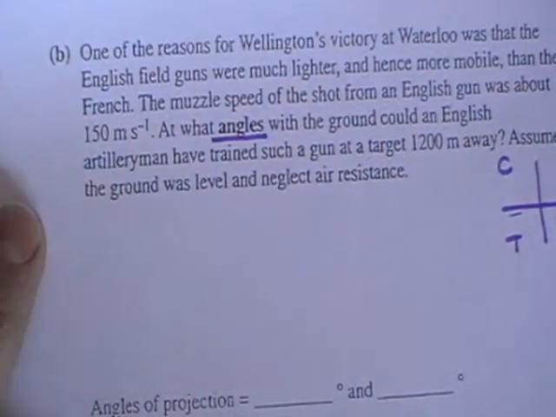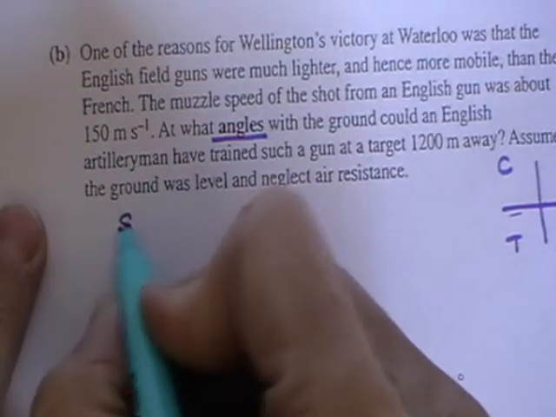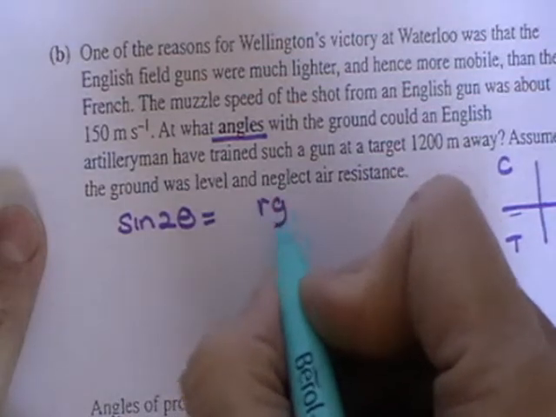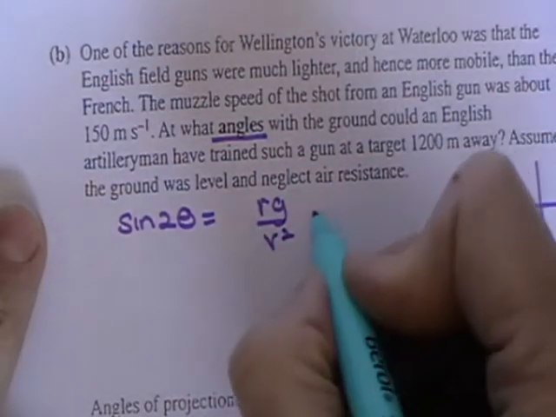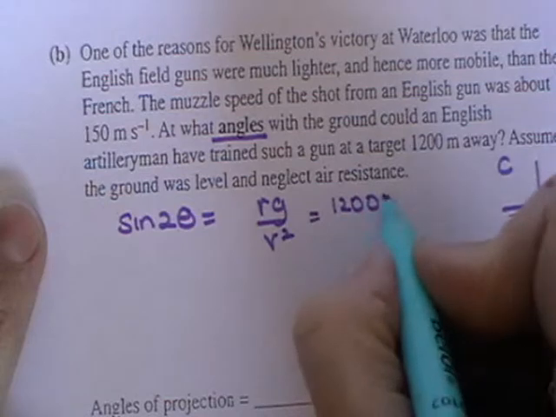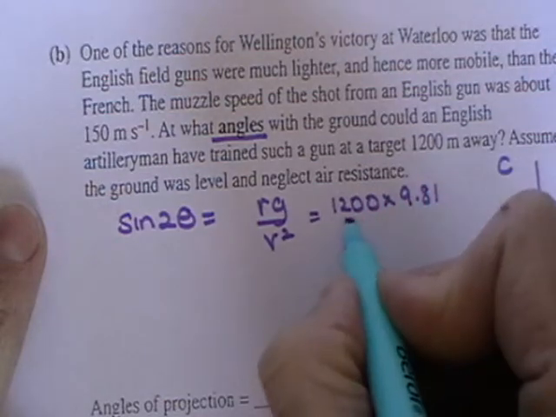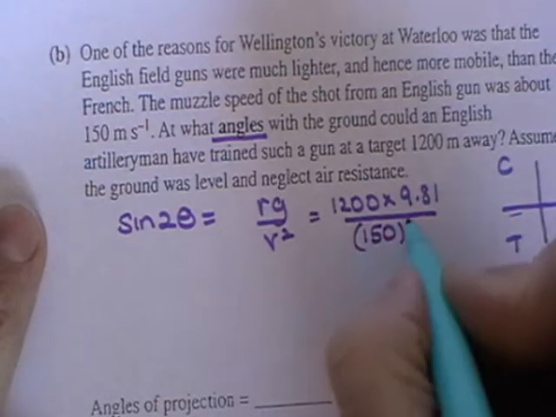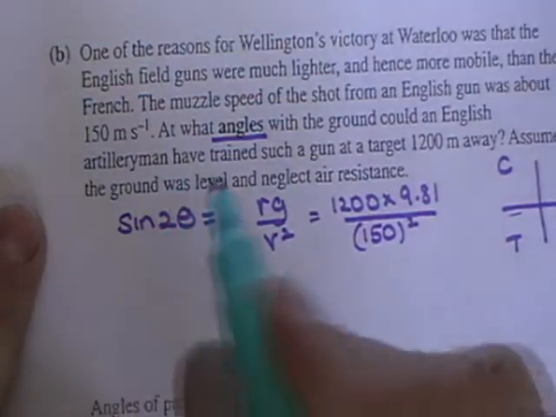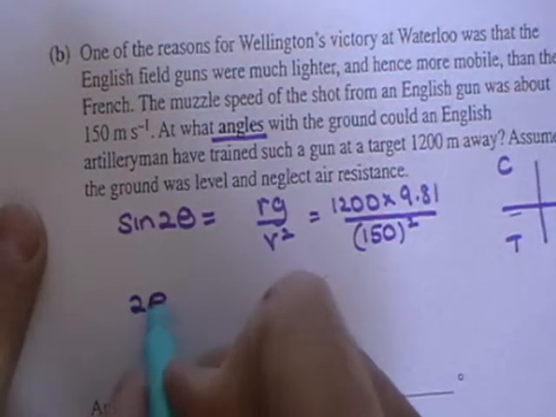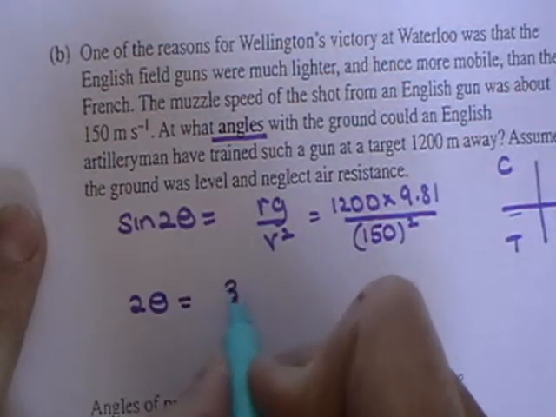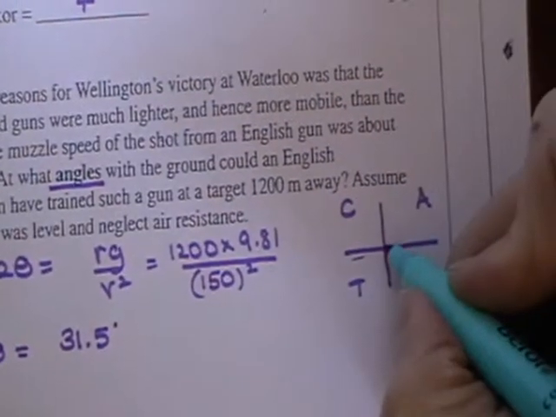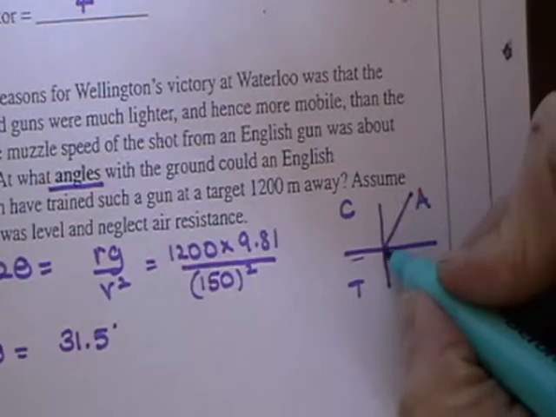We know that r is 1200 metres, and we're looking for sine of 2 theta. So rearranging that equation, sine of 2 theta is rg over v squared, which is 1200 times 9.81 divided by 150 squared. And when you take the inverse sine of that, you'll find that 2 theta could be equal to 31.5 degrees, which is found in here, or it could also be found here.